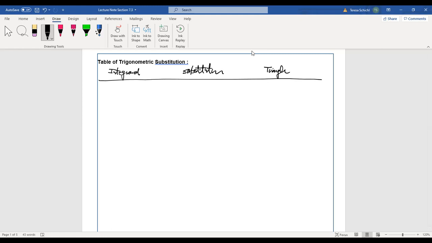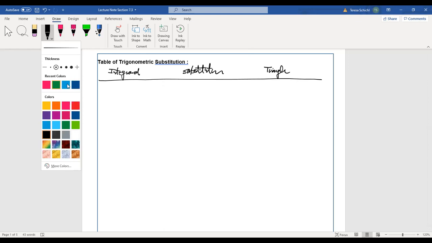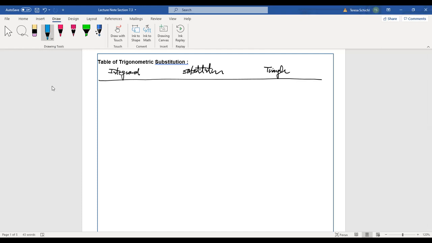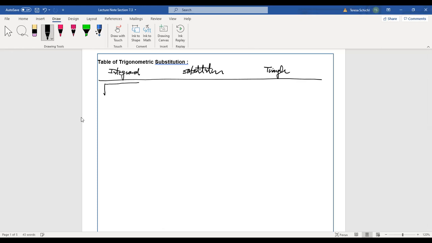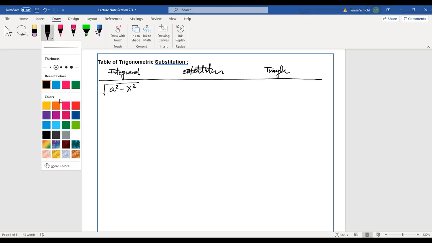All right, so the first one here is if your integrand has the form like this, the square root of a square minus x square. So if you have a square minus x square, then what type of trig substitution can you use here?